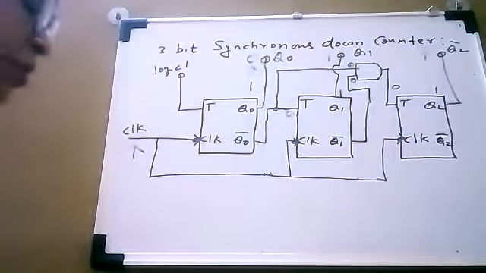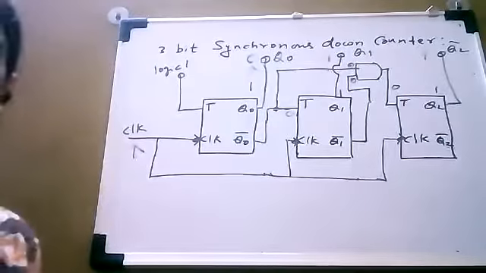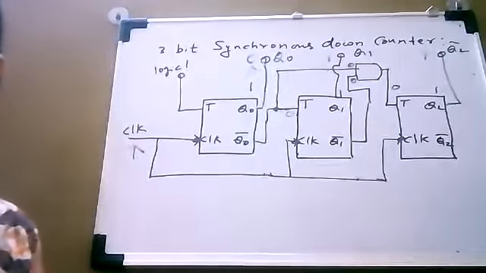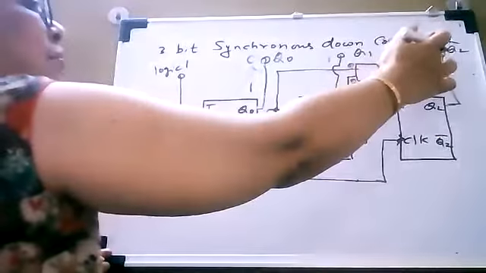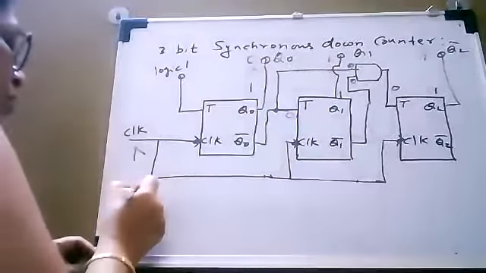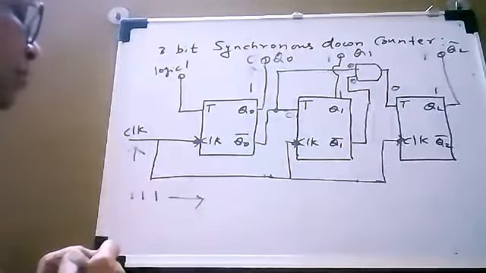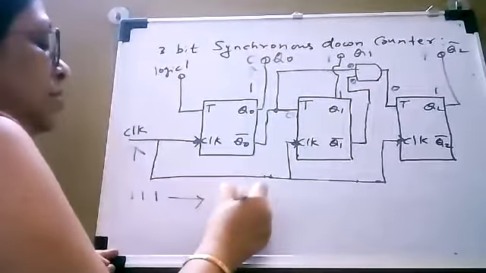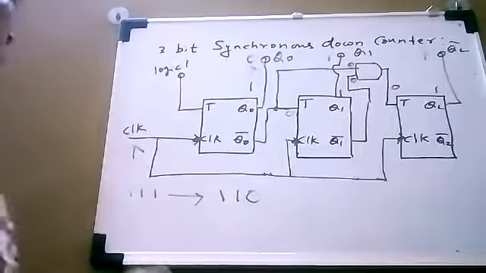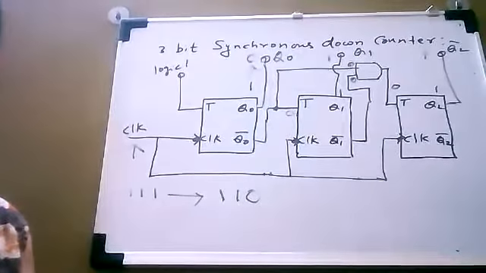So what is our new output? Our new output will be, this is MSB, 110. So if your previous state is 111, then after application of the clock pulse, you are getting the state 110. Okay.